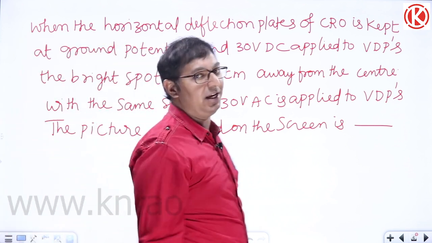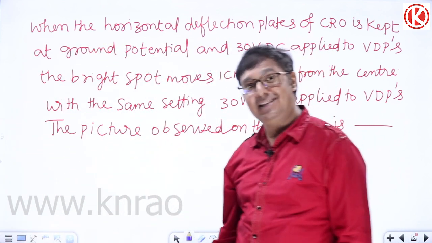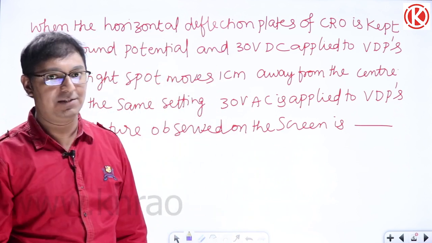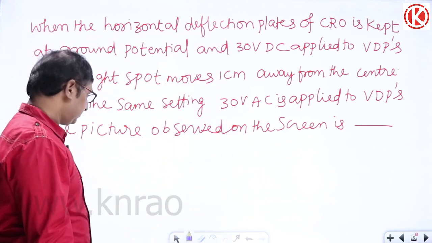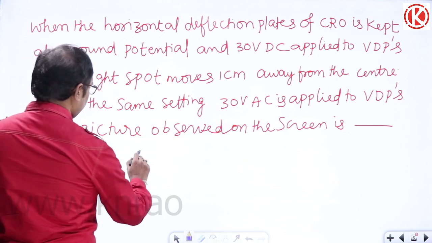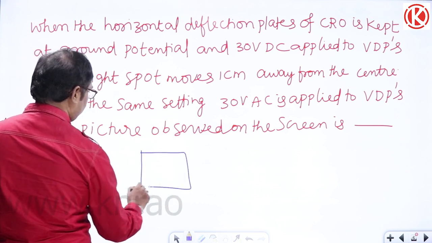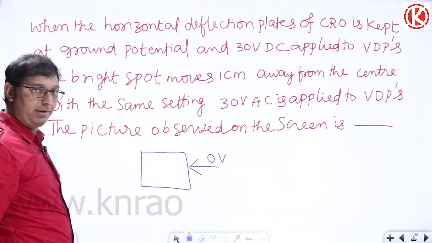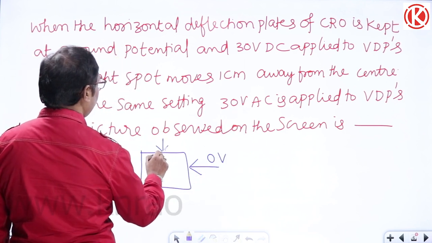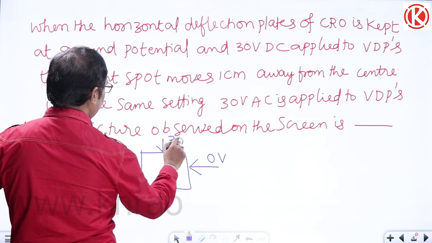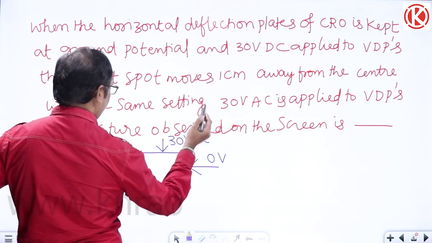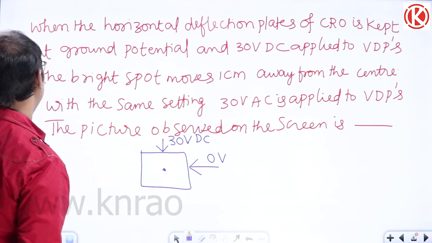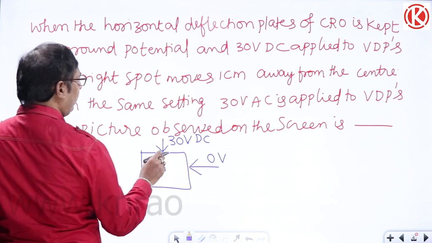With the same setting, if 30 volts AC is applied to the Y plates, what image is displayed on the screen? What did you understand? My X input is grounded, and you are giving a 30 volts DC supply. The bright spot moves 1 centimeter away from the center.